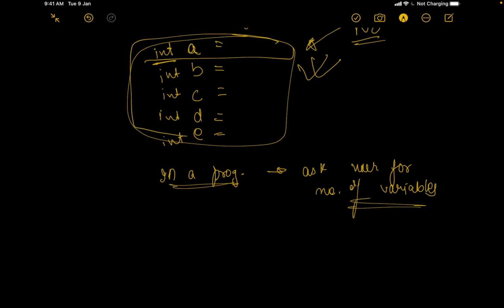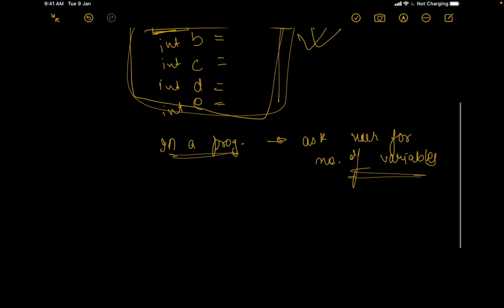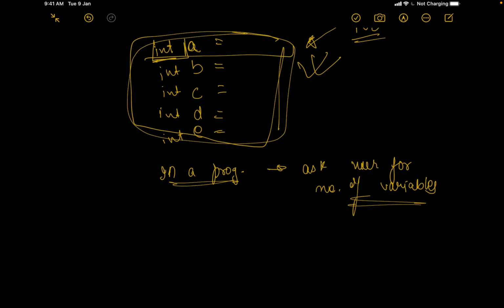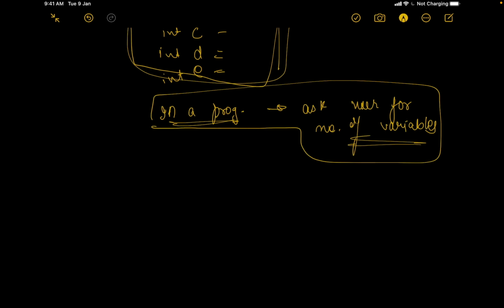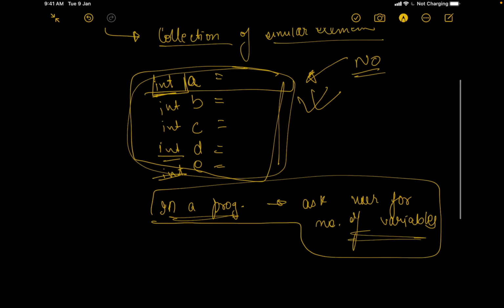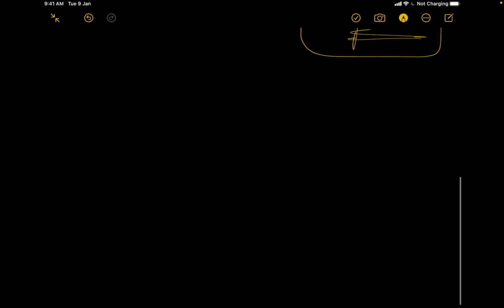Now this becomes a problem because you can only type as many ints as you already know the number of inputs that need to be taken. If the number of inputs depends on the user itself, then you don't know it beforehand, and in this case there's no way you can write such a thing by simply using int and so on. That's where arrays come into the picture.